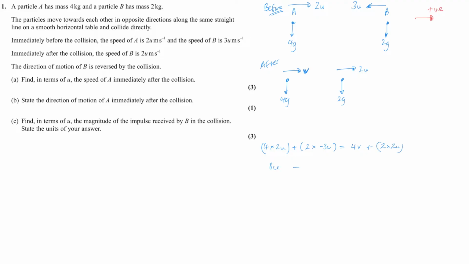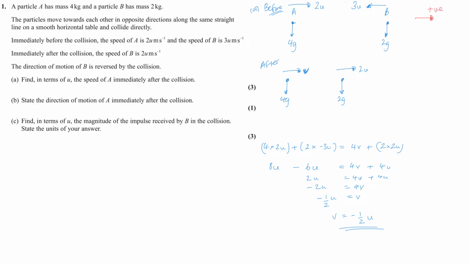So 8u minus 6u equals 4v plus 4u. So this is 2u, and then taking away the 4u we get minus 2u equals 4v. So v equals minus a half u. So A changes direction and its new speed is a half u in the opposite direction.